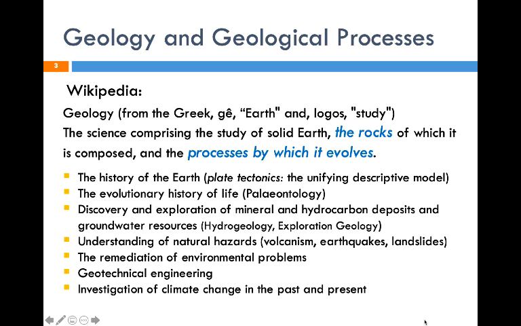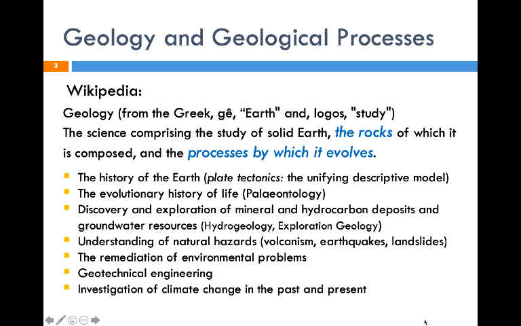The evolutionary history of life is another subject field, paleontology, that's what it's called, and it deals with the origins and the evolution of life since the early beginnings of the Earth. The earliest traces of life are 3 to perhaps even 4 billion years old.